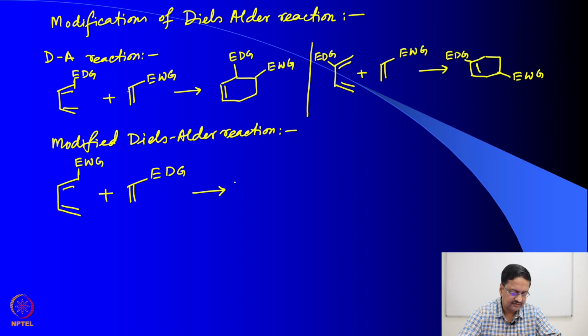In that case, when the electron withdrawing group is on carbon 1 and the electron donating group is in the dienophile, you would get the corresponding 1,2 product.